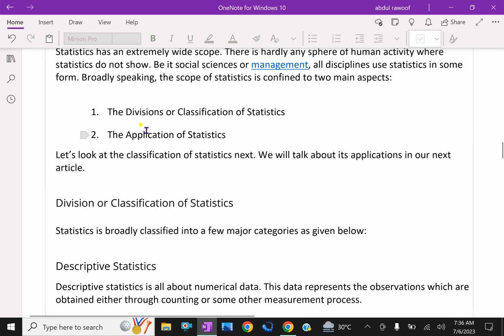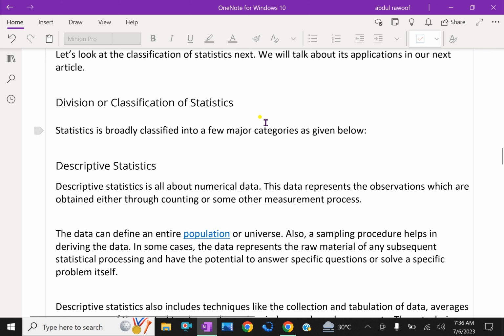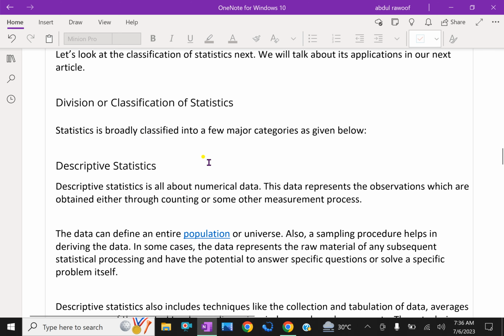First, the division or classification of statistics. Second, the application of statistics. Let's look at the classification of statistics next. We will talk about the application in our next articles. That means its forthcoming explanation will discuss the classification of statistics.